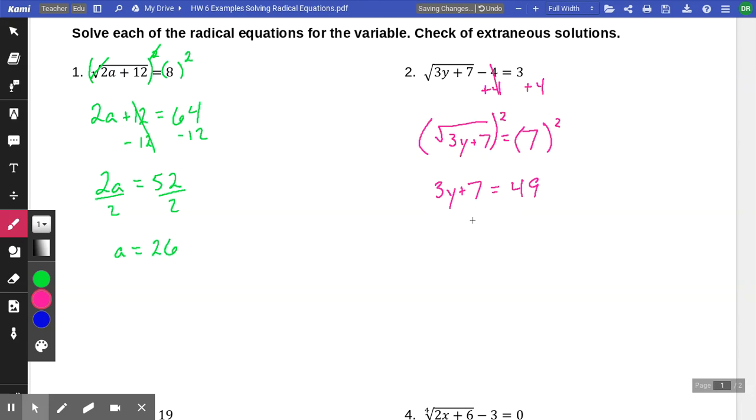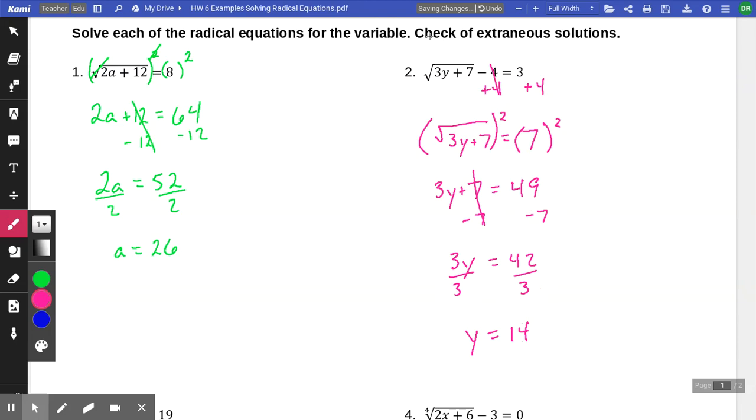Okay, so we canceled our square root, and after that, some simple steps afterwards from Algebra 1. We can subtract 7, and that'll give us 3y equals 42. And divide by 3. Maybe we get a fraction, maybe we don't. In this case, 42 divided by 3 is just 14.